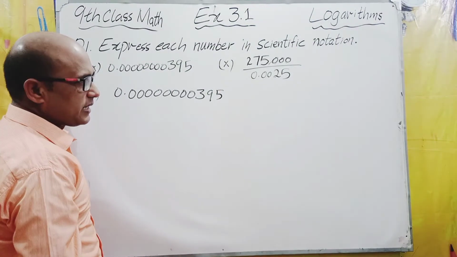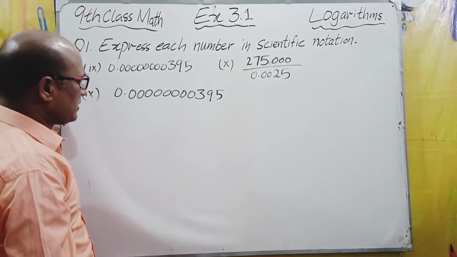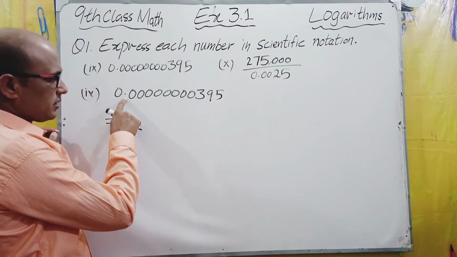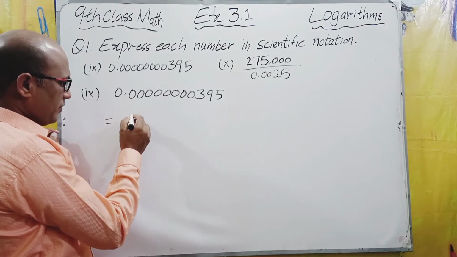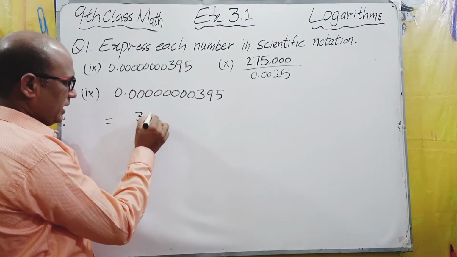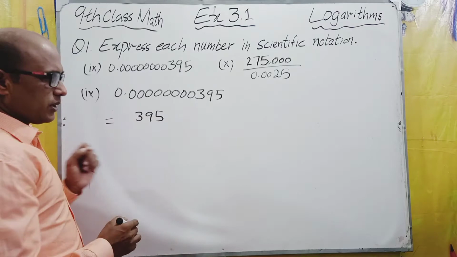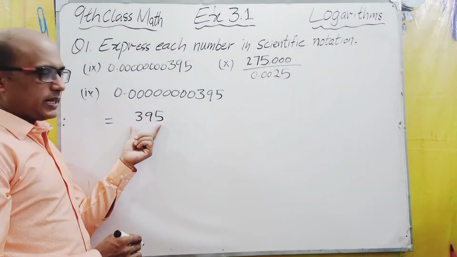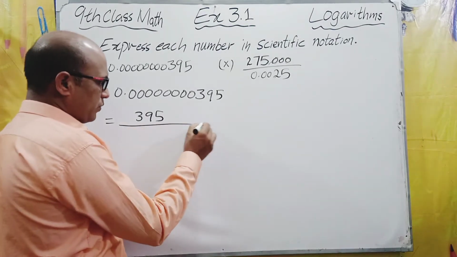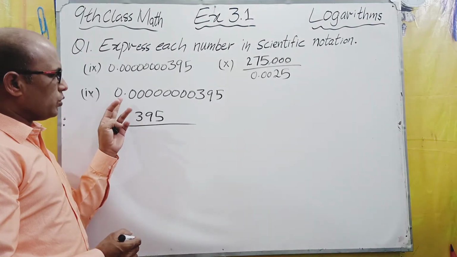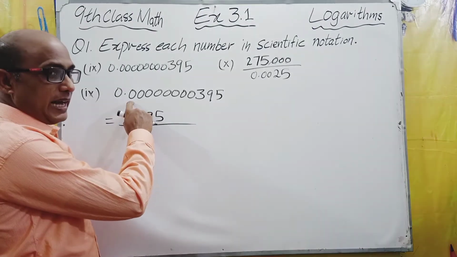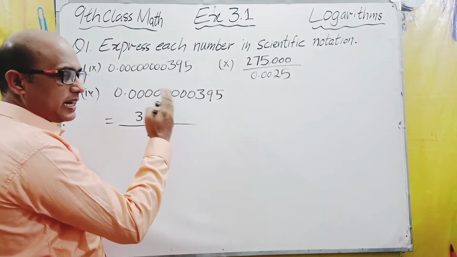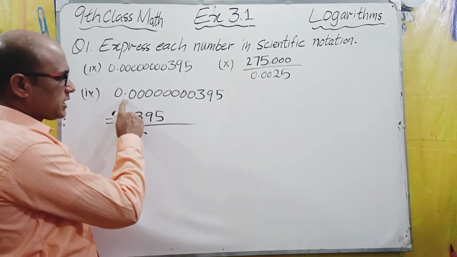How to write it in scientific notation? First of all, we'll remove this decimal. To remove the decimal, we get 395, the non-zero values, in the numerator. When we remove the decimal, we have to count all the digits on the right hand side of the decimal.